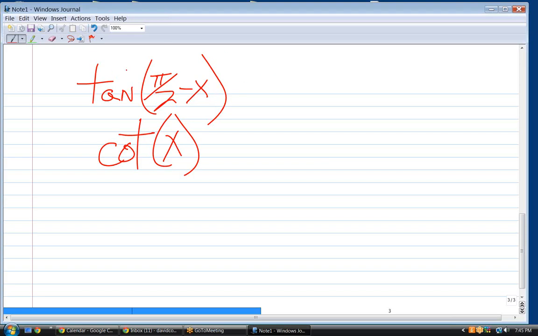Okay, what's the rest of it after tangent of pi over 2 minus x? Cosecant x, and all of that over cosecant squared of x.